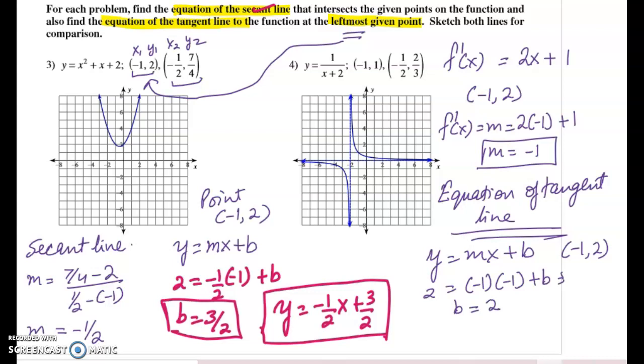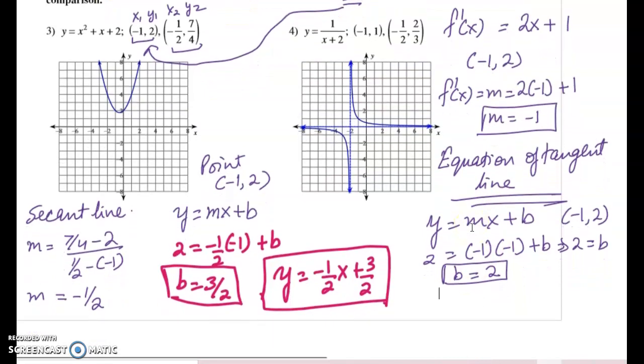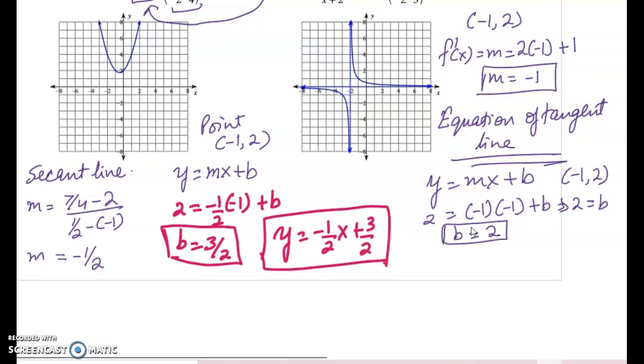How? Because 2 is equal to -1 times -1, which is +1, plus b, so b is nothing but 2. We have b. Let's write it down in the equation. Y would be: the slope is right there, -1, and b is right there as 2.